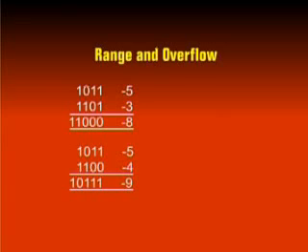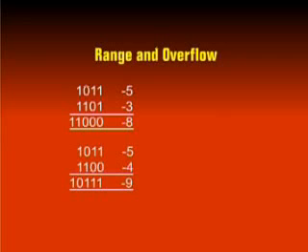Now let's add -5 and -4. The answer is -9. The answer, as you can see, is 1, 0, 1, 1, 1. Now if you neglect the carry, what do you get? It's 0, 1, 1, 1. Now if you observe the answer, you see a 0 in the most significant bit, which indicates a positive number, which is incorrect.